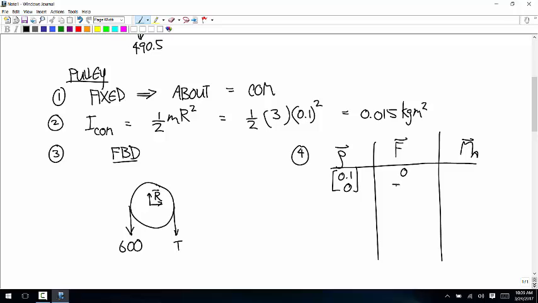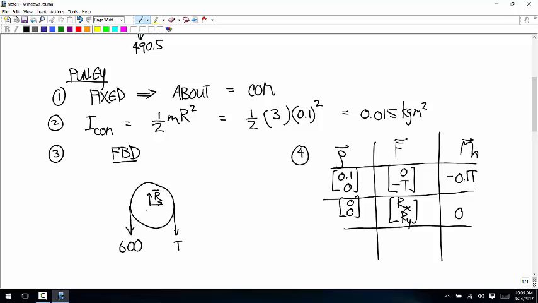The force is 0, negative T. The moment is negative 0.1 T. The row vector for the reaction force is 0, so there's no moment. And then the row vector for the 600 is negative 0.1, 0. The force is 0, negative 600, so the moment is 60.